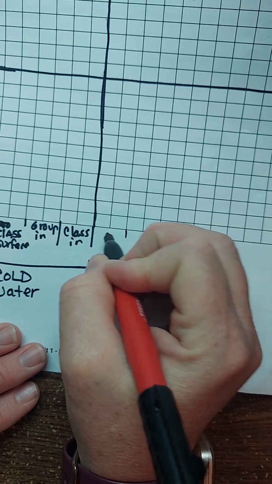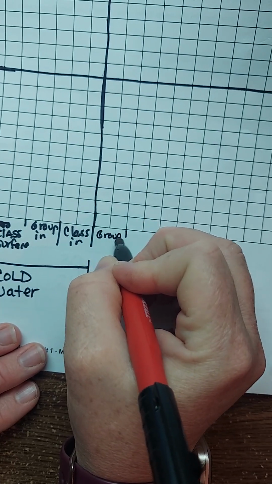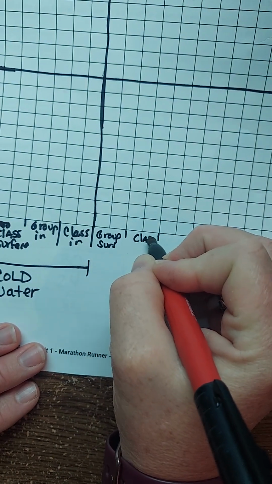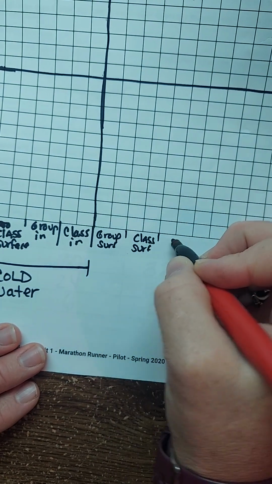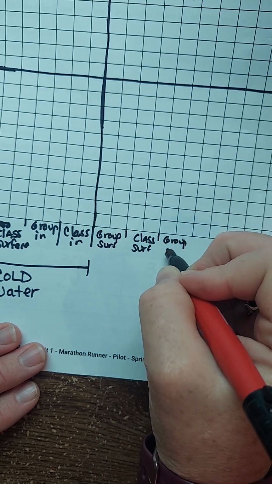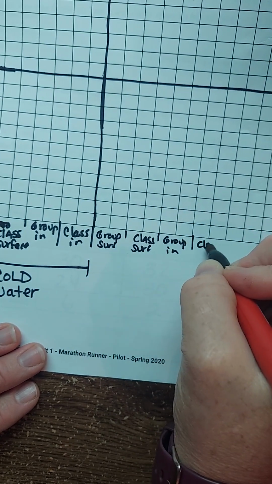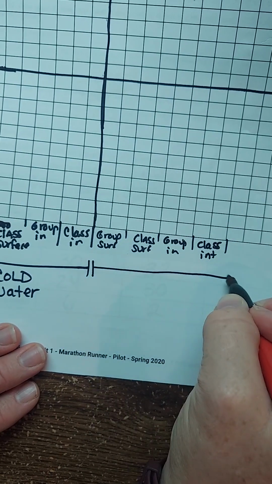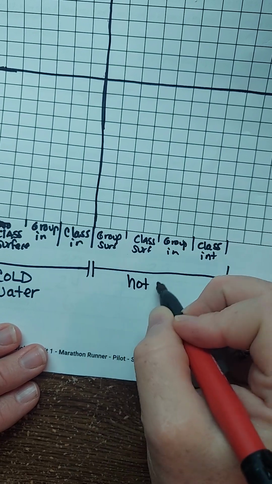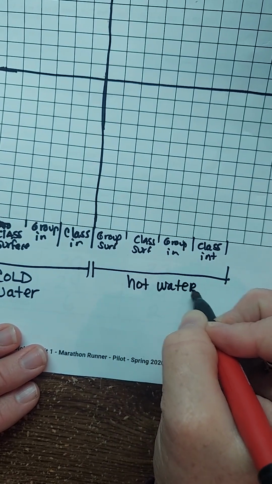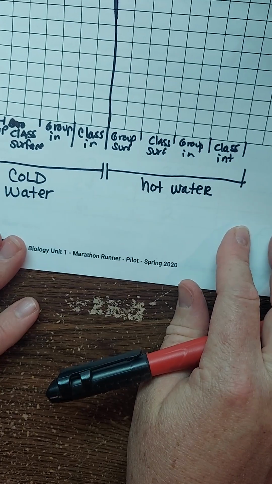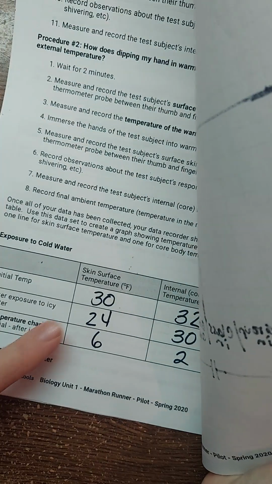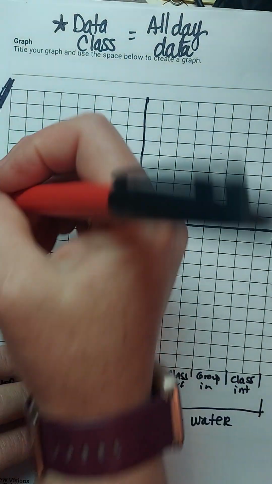Then I'm going to do the same thing over here: group surface, class surface, group internal, class internal. And from here to here, this is going to be hot water. So for example, if I have 30 minus 24, it was 6.